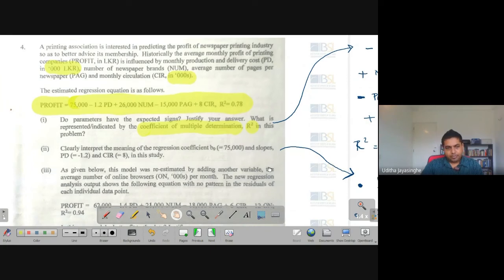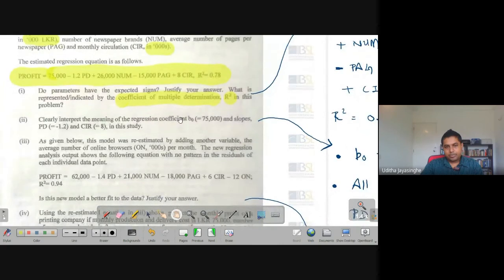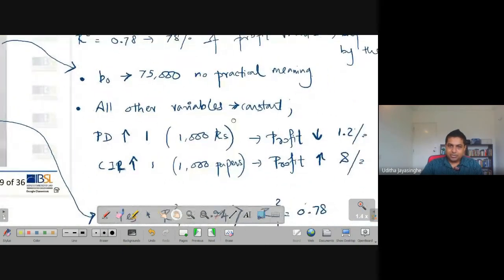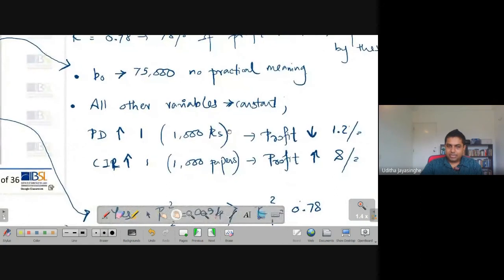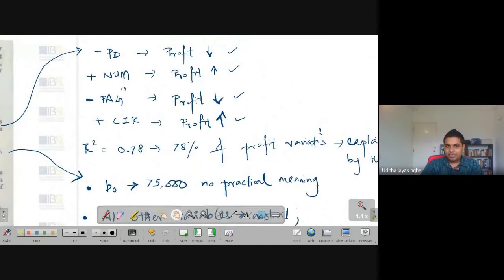Okay. Second part: clearly interpret the meaning of the regression coefficient B0, 75,000, and slopes PD equal to minus 1.2 and CIR equal to 8 in this study. All about interpretation. See, B0, 75,000, has no practical meaning. What do I mean by that? Can you have 0 newspapers?